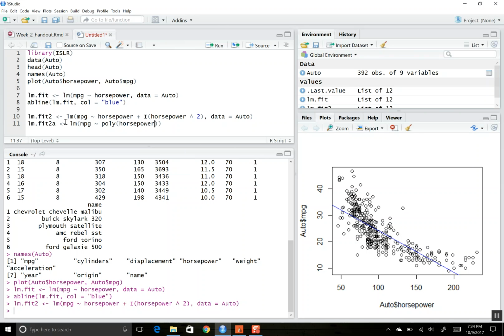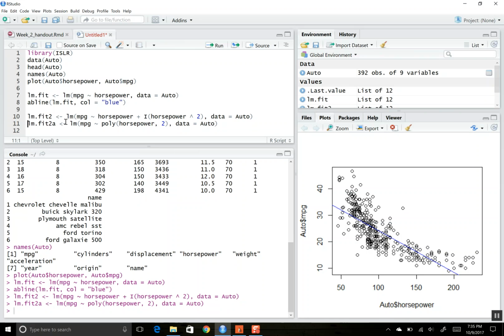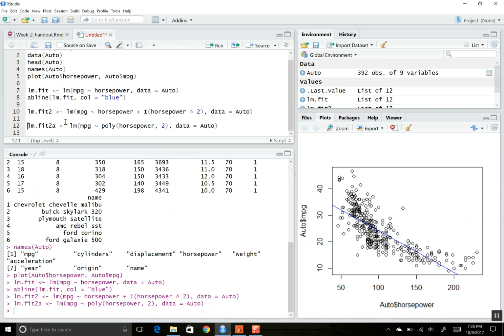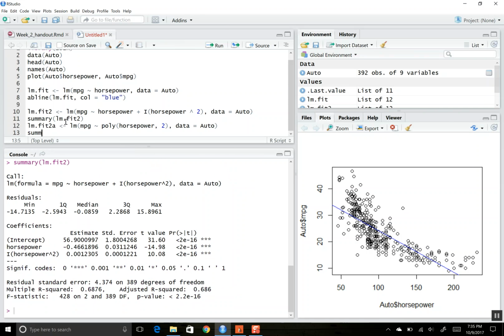It's basically doing the same line there, but the values end up being just ever so slightly different. But you're fitting another quadratic fit here. So let's just take a look at summary of lm.fit2, and we'll do summary of lm.fit2a.